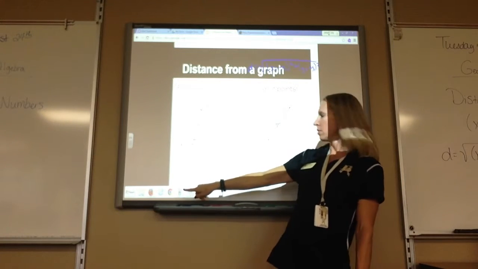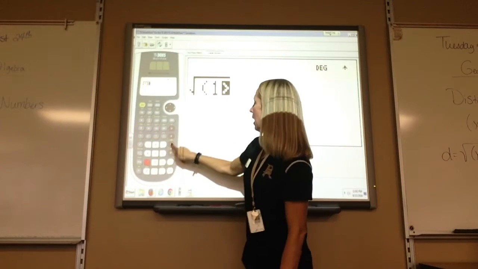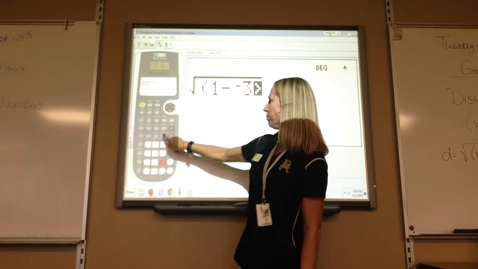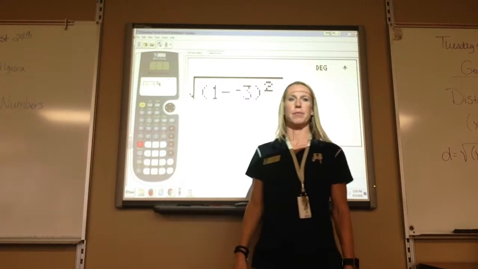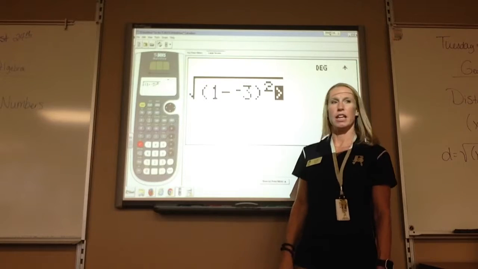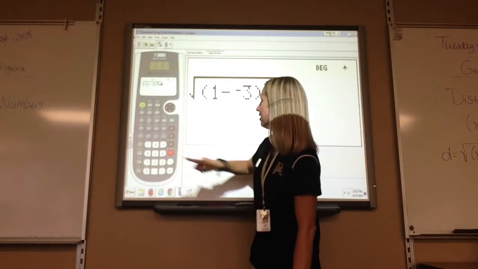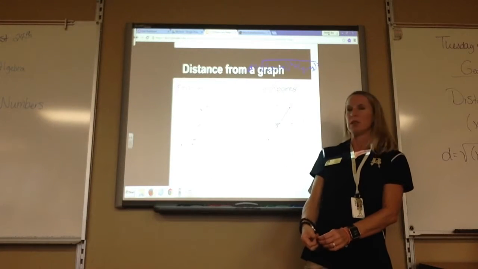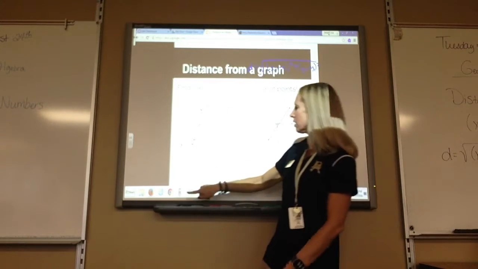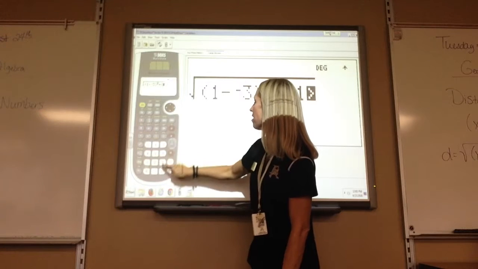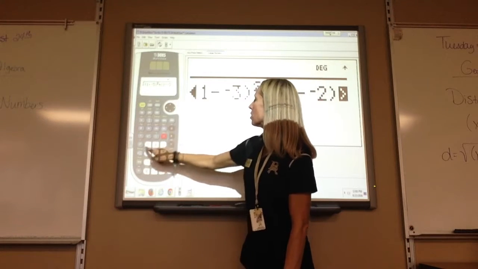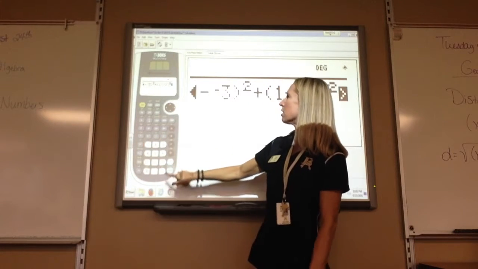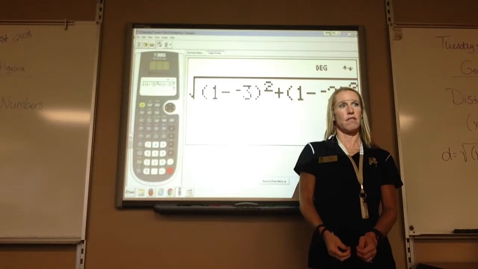You guys know? 1 minus negative 3. Close parentheses and square it. Then don't forget the plus sign. And then I gotta subtract my y's. So what's my y numbers? 1. 1 minus negative 2. Close parentheses and square it. Hit enter. Did you guys get 5? Yep. Okay.